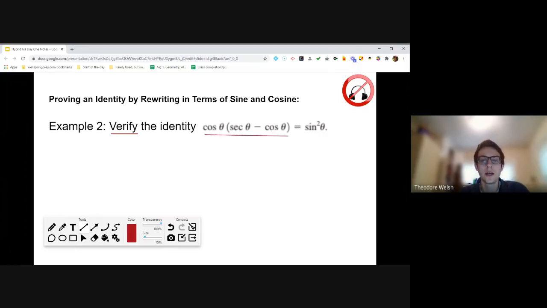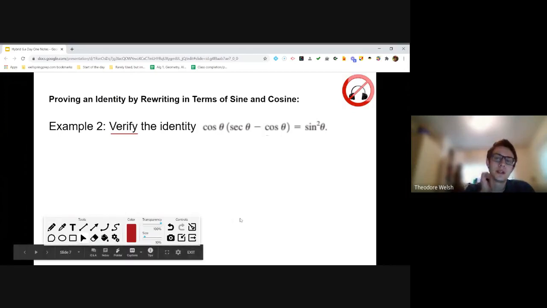If I pick the left side, I need to find a way to make this left side equal sine squared. If I pick the right side, I need to find a way to make it equal cosine theta times secant theta minus cosine theta. You are welcome to choose either. It probably makes more sense to choose the left side because it's easier to simplify things than to expand. So that's what we will do.